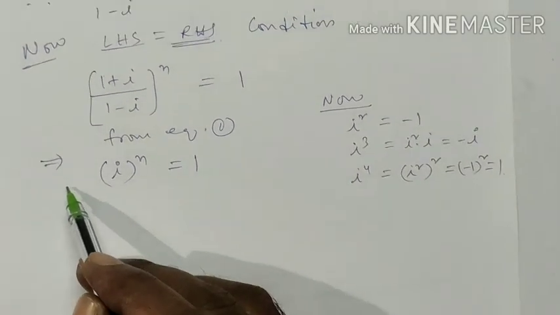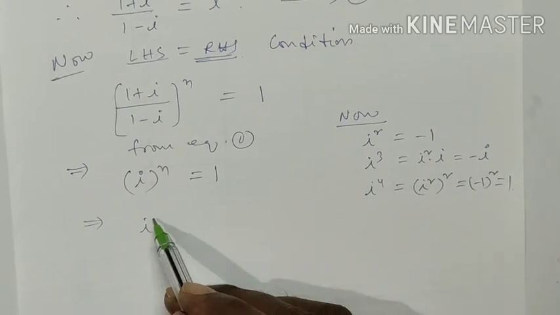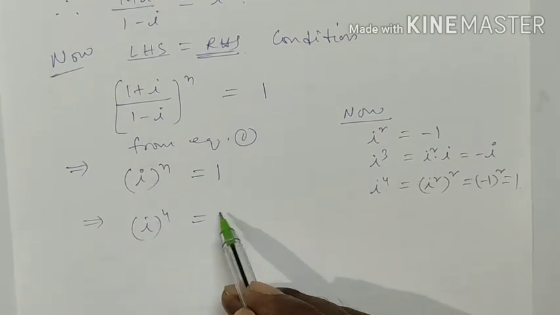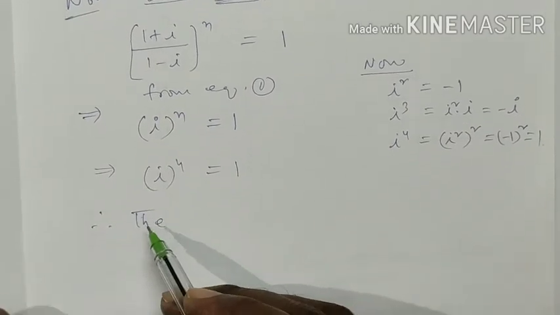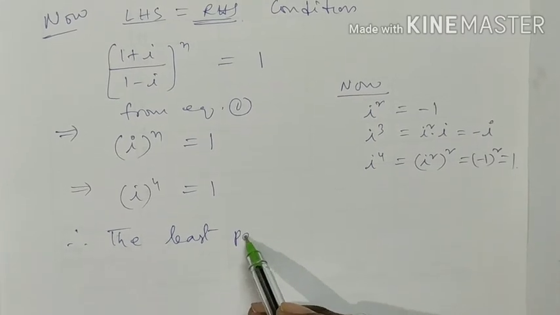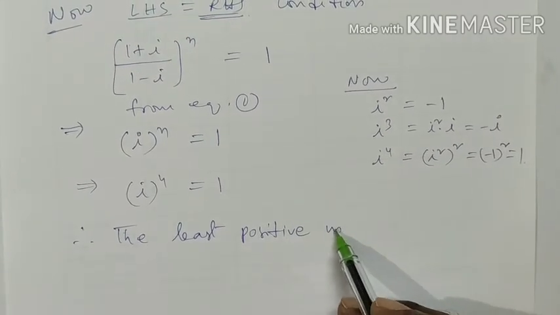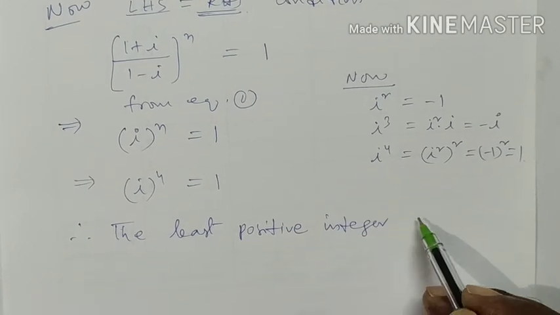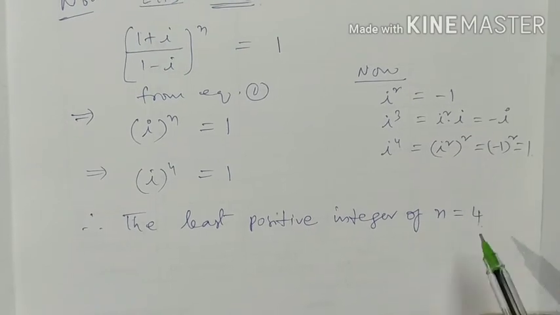Therefore, the least number, i power 4 is 1. Therefore, the least positive integer of n is 4.